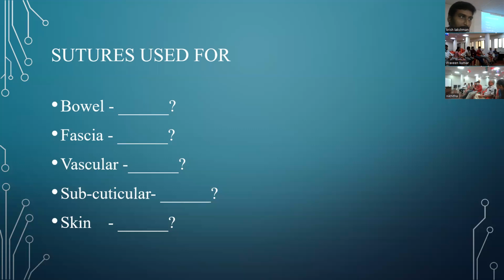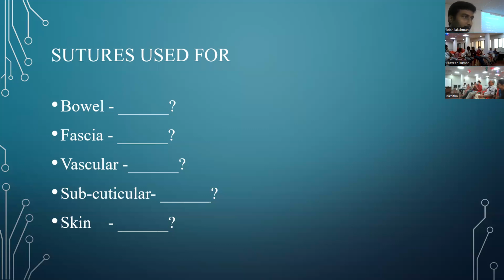For interrupted, you can use polyfilament, but if you're planning for continuous suture, as much as possible choose a monofilament. Sutures have to slide through. Either during your suture removal or when you're tightening the stitch as you go, it's better you use a monofilament. It slides, it doesn't get stuck anywhere. You can take 2 or 3 bites and then tighten it.